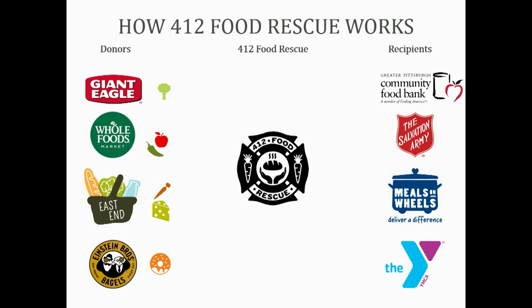Yet again, scale, right? This is not a person. This is an organization that serves actual individuals. These organizations are the recipients of the donations: the Salvation Army, community food banks, and so on. And 412 sits in the middle. This is the program they run. When someone wants to donate food, they call 412 Food Rescue.